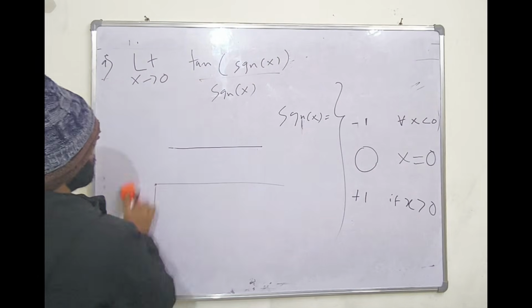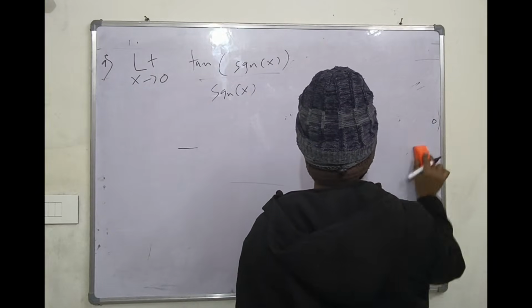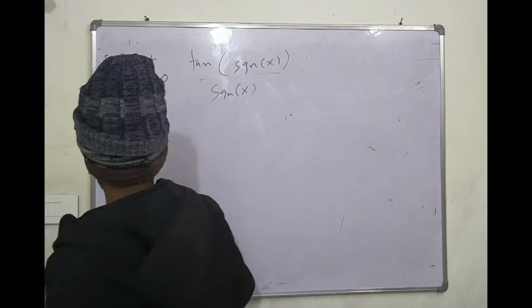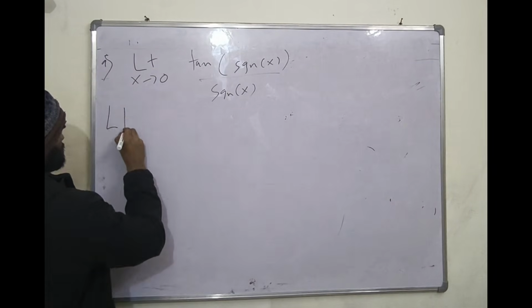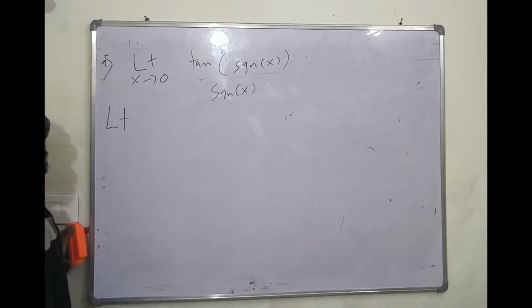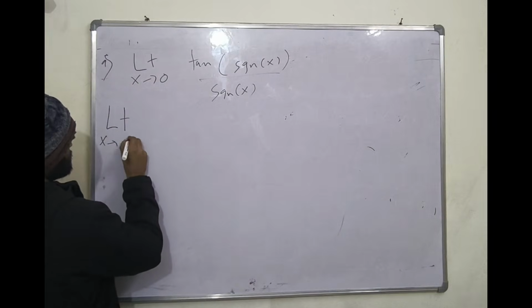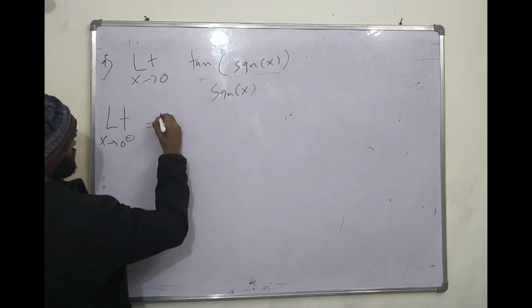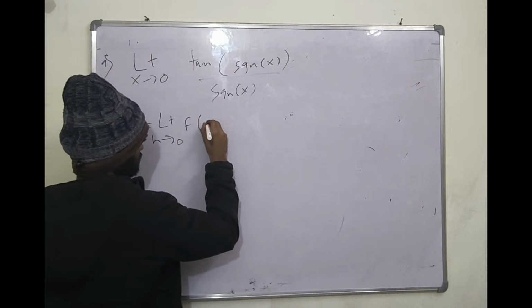So now our question is limit x tends to 0. Let's take the left hand limit. Left hand limit is limit x tends to 0 minus f of x, which is limit h tends to 0 f of 0 minus h.